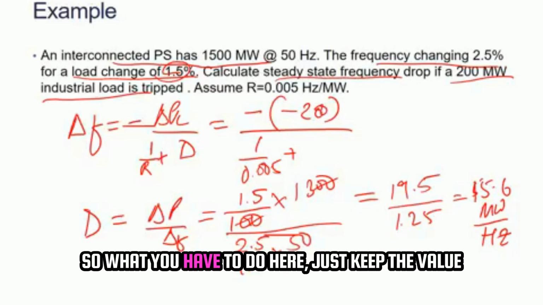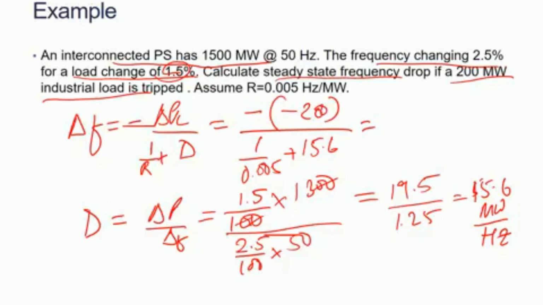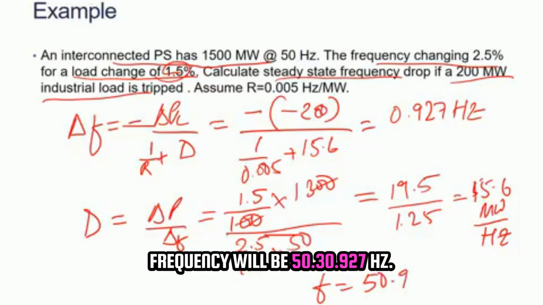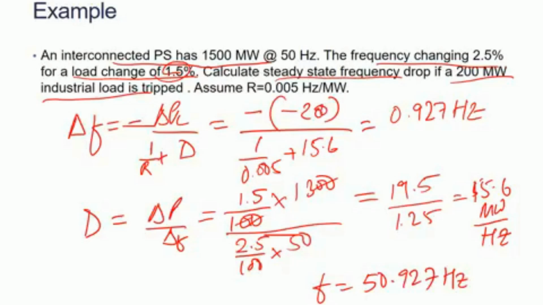Keep the value 15.6 and calculate delta F, which is 0.927 hertz. So the net steady state frequency will be 50.927 hertz, because the load has dropped, that means the frequency has to increase.